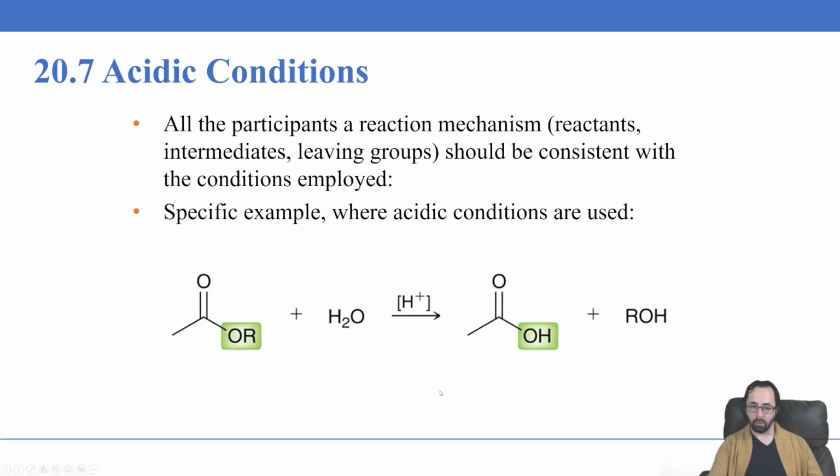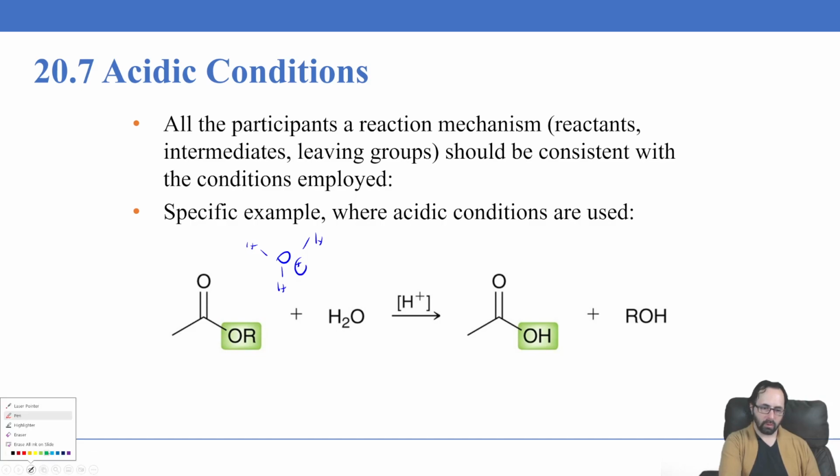So for example, let's say that our nucleophile is water here, and we're doing this under acidic conditions. Since this is acidic conditions, this would begin with the protonation of the carbonyl. So we'd have a hydronium ion here, and we'd start with this protonation.